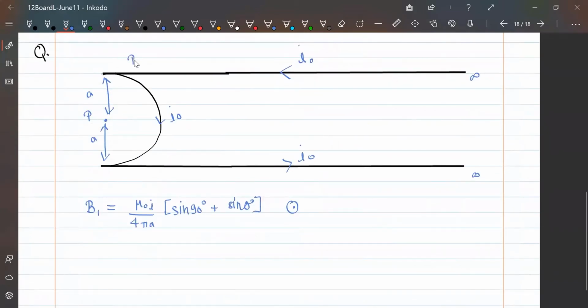That is due to this wire, I'll call it B1. Due to this wire, I'll call it B2. So B2 will be mu naught I by 4 pi A, and here also it will be sine 0 plus sine 90. And this one will go again out of the plane. So mu naught I by 4 pi A for both of them.